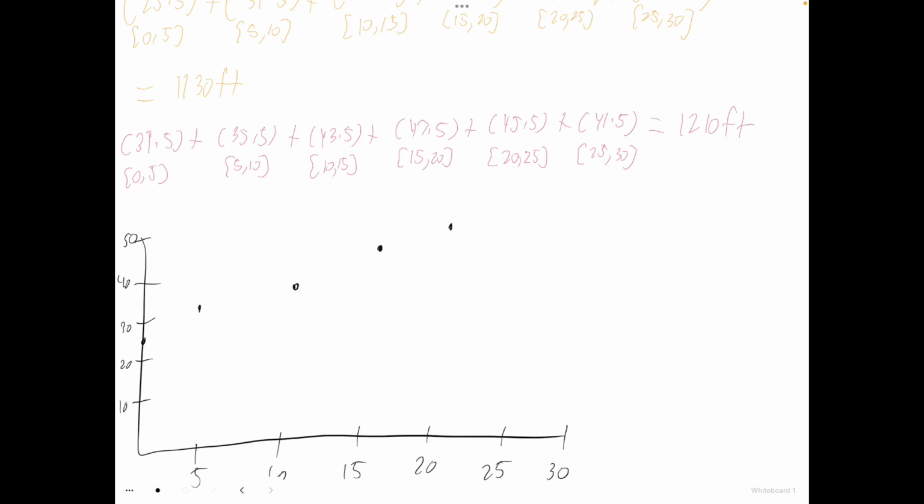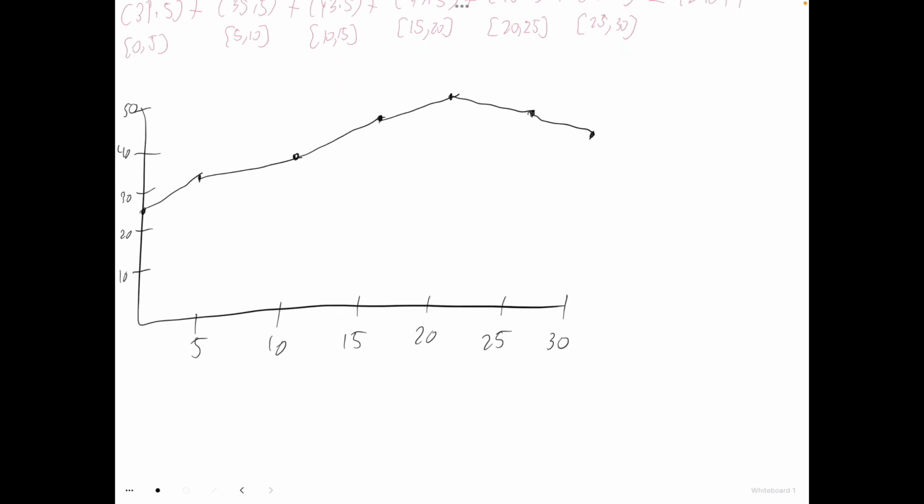But if we draw our velocity curve, we see what we're doing is on the first one, we were taking left endpoints and just finding the areas of the rectangles.